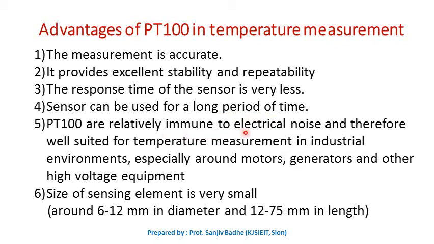It is relatively immune to electrical noise and therefore well suited for temperature measurement in industrial environments. Size of the sensing element is very small, around 6 to 12 millimeter in diameter and 12 to 75 millimeter in length. So these are the advantages of PT100 in temperature measurement.